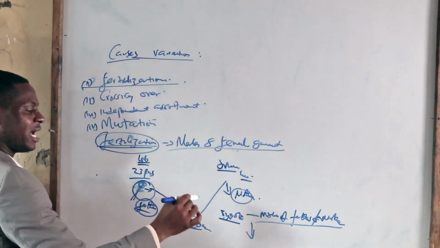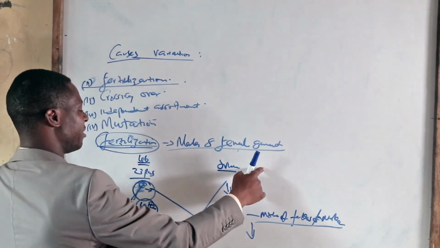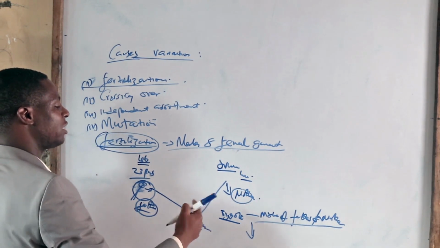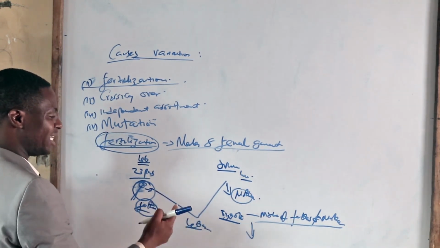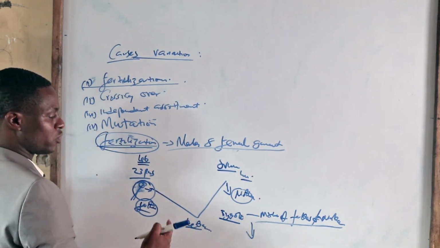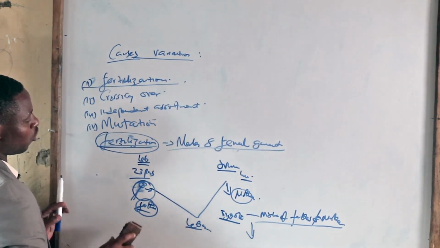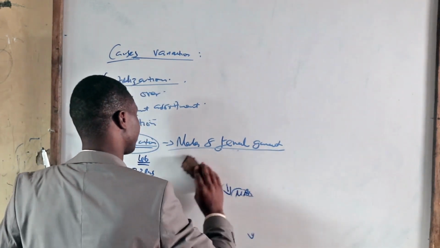That means the child cannot look exactly like the mother and cannot look exactly like the father, because the child comprises two organisms with different characteristics that fuse together to form one organism. So that is how fertilization causes variation.